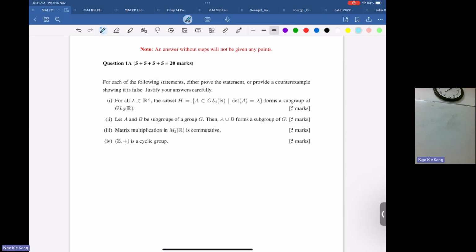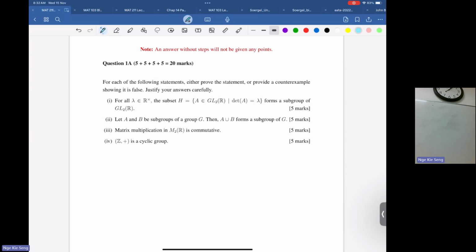A lot of you mistook this question. You thought I asked you about GLn, lambda not equal to 0. But I picked lambda first, for all lambda. So I already fixed a particular lambda, for example lambda equals 2. Then is the set where determinant A equals 2 a subgroup or not? No, right?